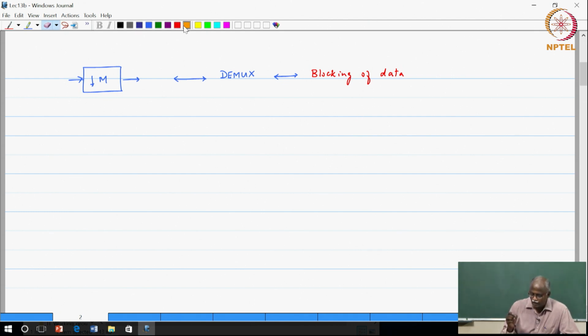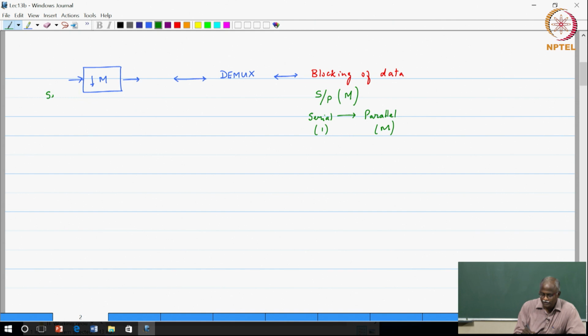And we also have one more very important way of describing this particular operation, and that would be in the context of a serial to parallel converter, an M channel serial to parallel converter, with the number of parallel channels being M. Serial is one channel, parallel is M channels.